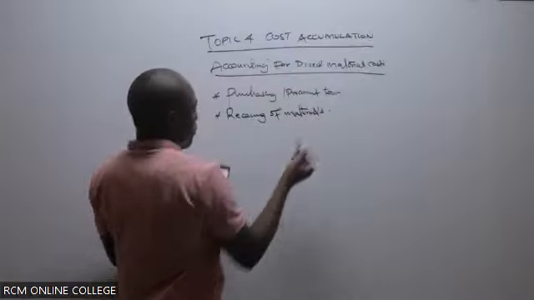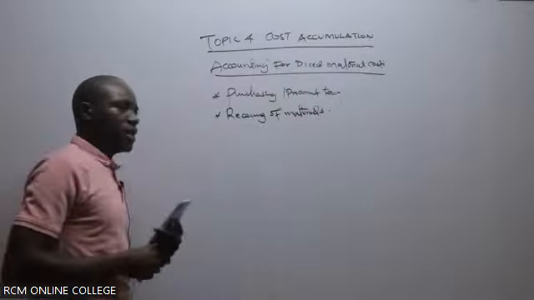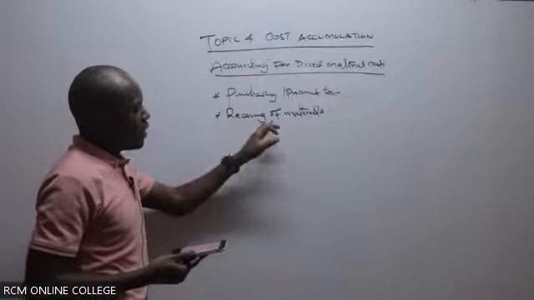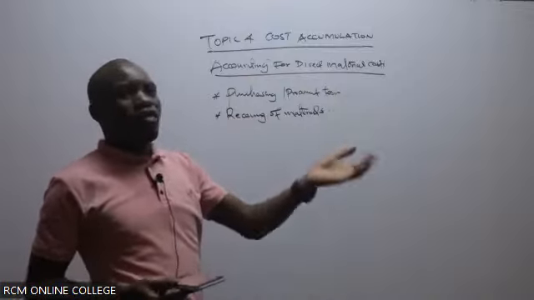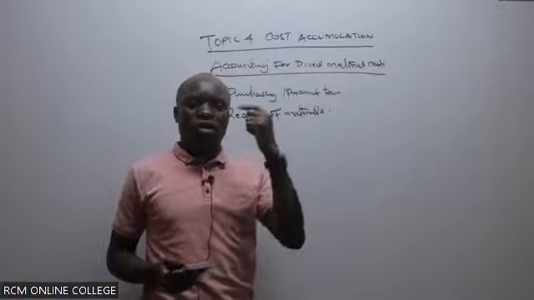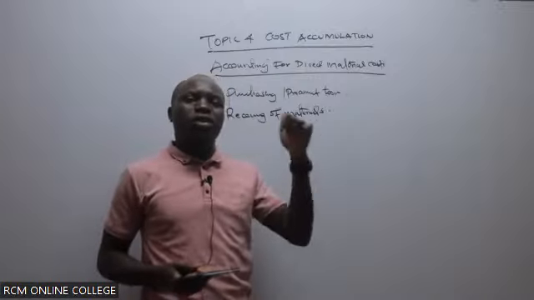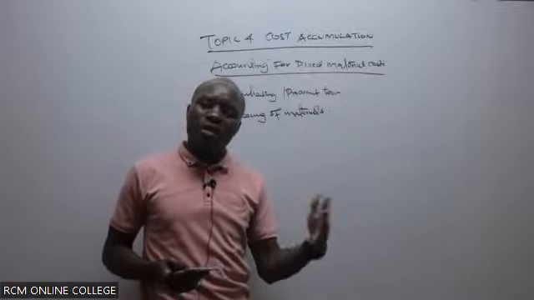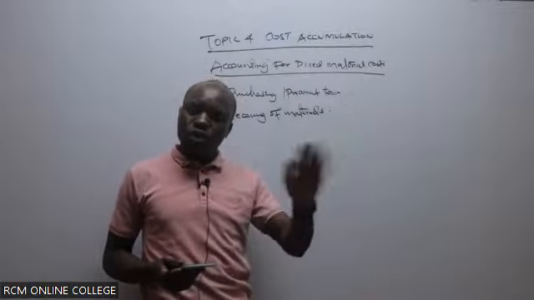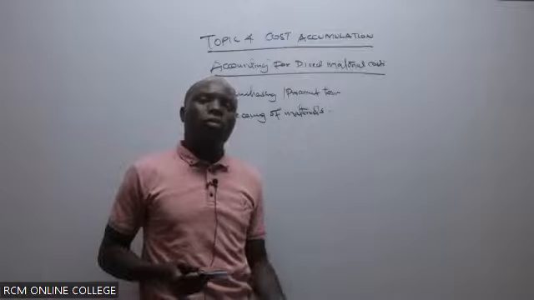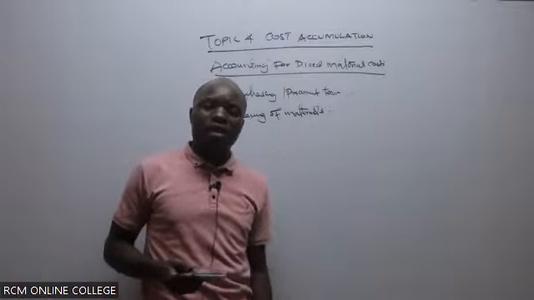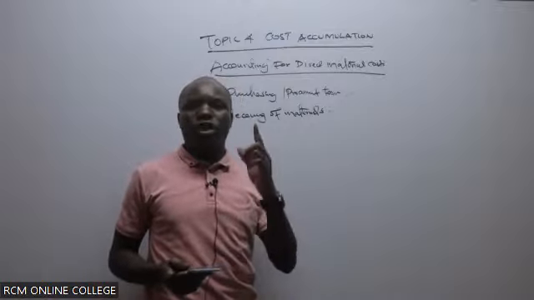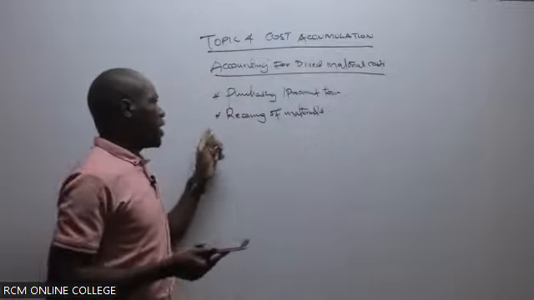Receiving of materials. This is where you will be able to see in a company that there are those people who have been assigned the responsibility of taking care of the goods that are being brought into the company. Whoever supplied the goods brought in goods of high quality or the right quantity. But here within the company, there are those people who have been charged with the responsibility of taking care of raw materials.